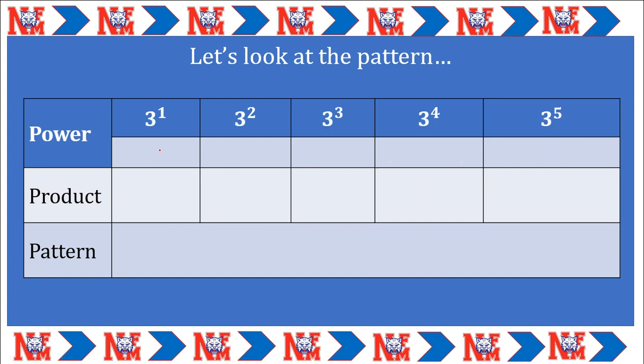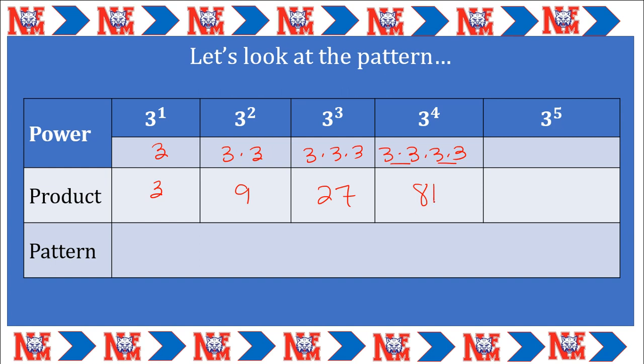Okay, let's look at one more pattern. We have 3 to the 1st. So 3 to the 1st is 3. 3 squared says we have 2 3's being multiplied, which gives us 9. Then we have 3 3's being multiplied. So we have 9 times 3, which is 27. Then we have 4 3's being multiplied. So 3 times 3 is 9, and we have another 9.